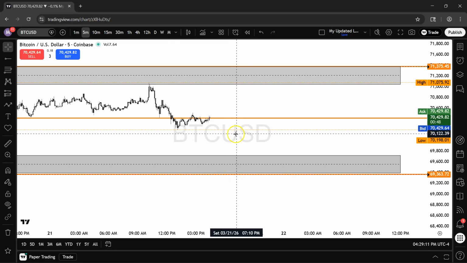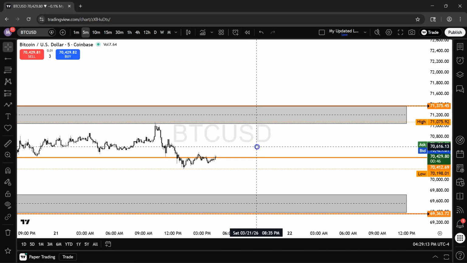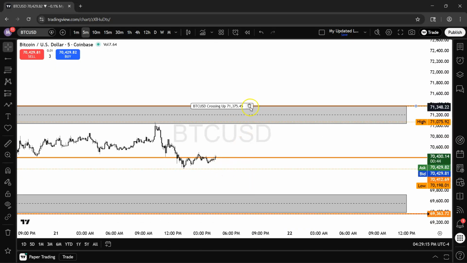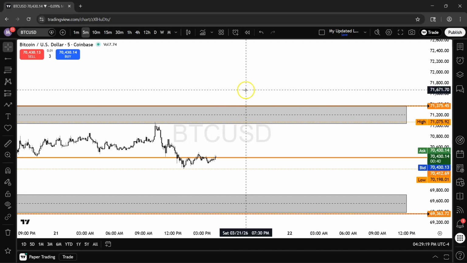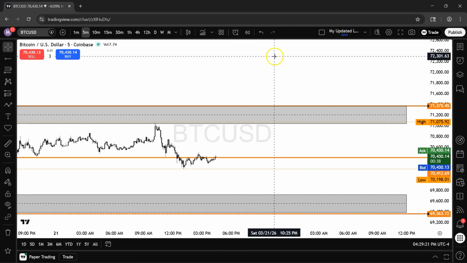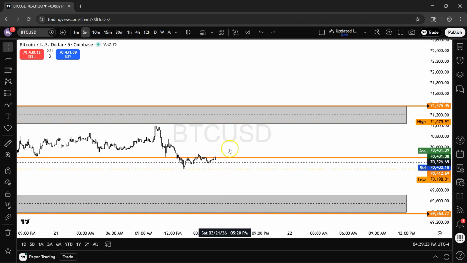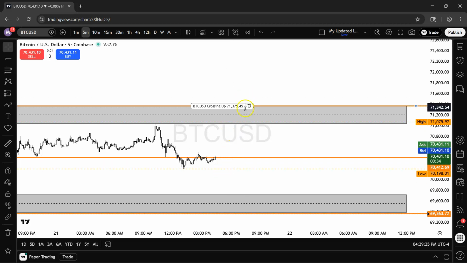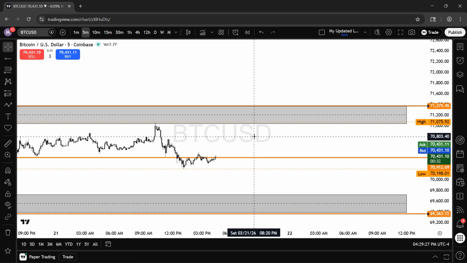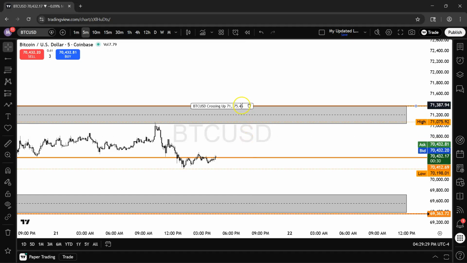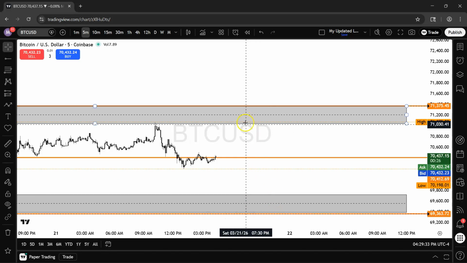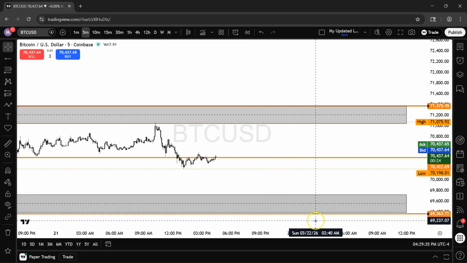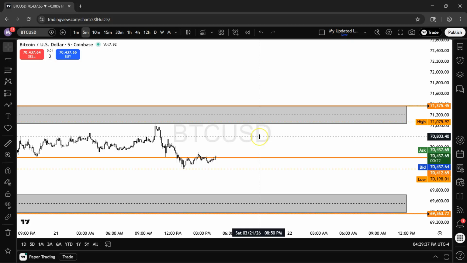Same is true on the top. If it breaks the top line, which is an orange line, and creates a bullish engulfing candle, you're looking for buys. If it bounces off the line, you're looking for a bearish engulfing candle, which gives you a sign that it wants to trend back down to the orange line. So put that in your notes.